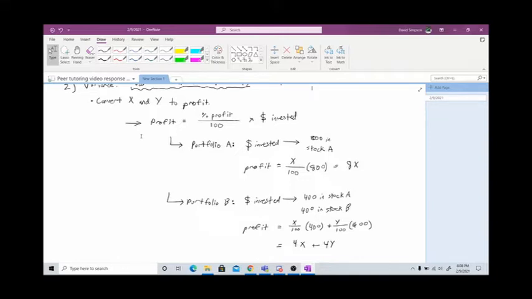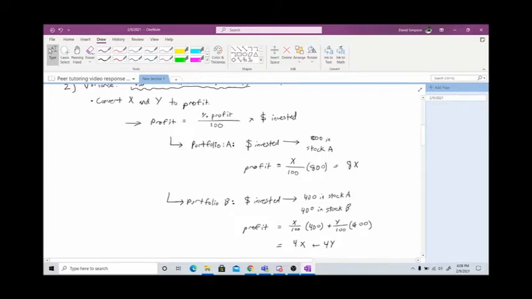But what we're interested in is profit, not X and Y. They give you the percent profit. We have to convert to profit first. So to convert to profit, we just use this very intuitive formula. It's the percent profit over 100 because it's percent, but then we just times the number invested, or the dollars invested, and that gives the total profit, right?